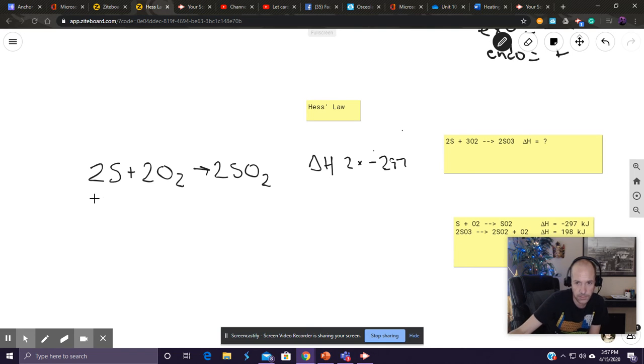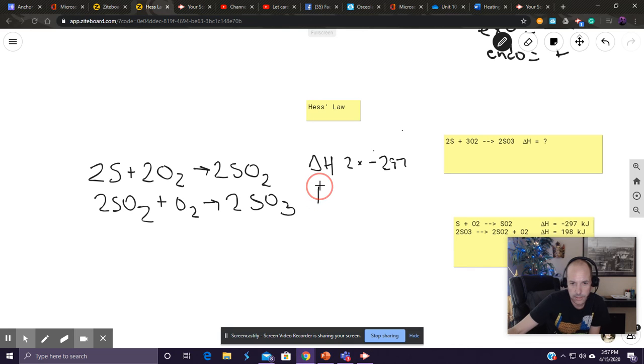Let's write this equation backwards: 2SO2 plus O2 yields 2SO3. Now our delta H, since we flipped it, we're going to just flip the sign and make it negative 198. And these are all kilojoules, by the way.